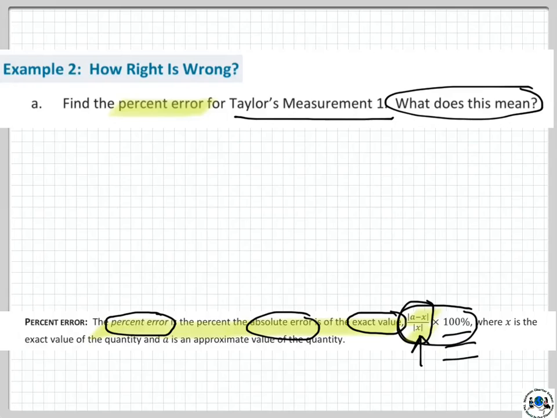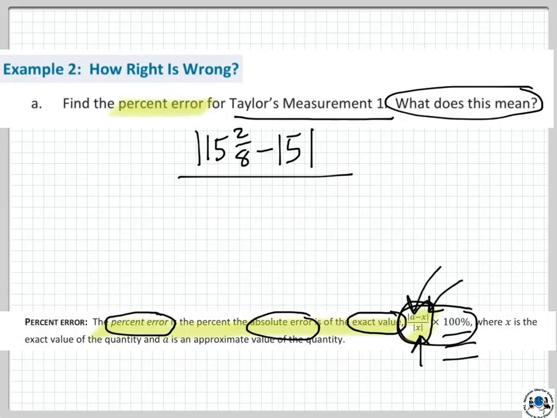And like I said, we know that Taylor's error was 0.25. So if we do the absolute value of, we don't need to figure that yet, but in this formula we're going to plug in the values. We said that his first measurement was 15 2/8 inches, minus 15, which was the exact measurement, and divide that by 15.